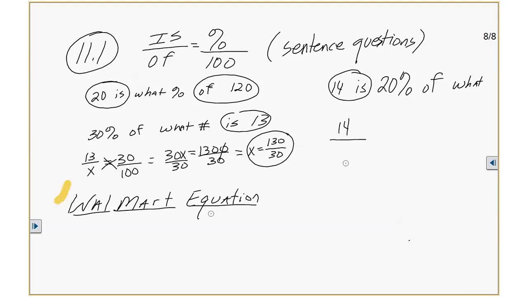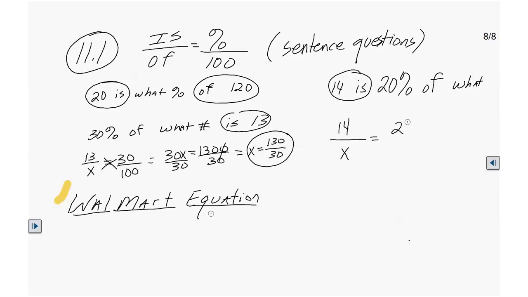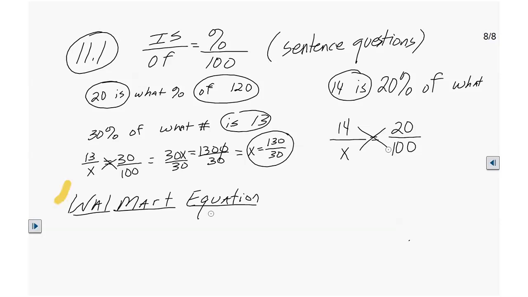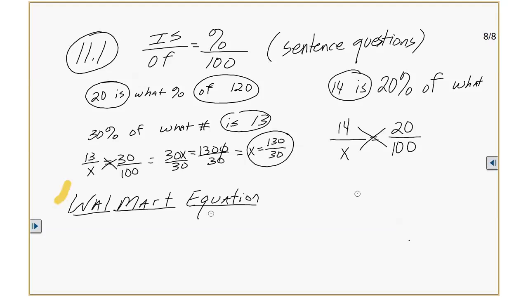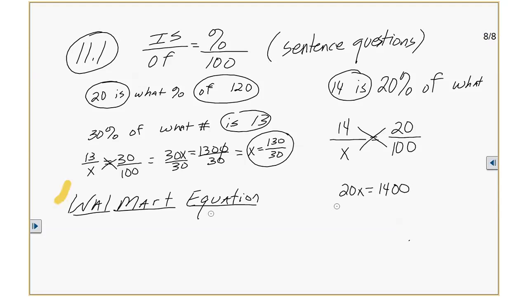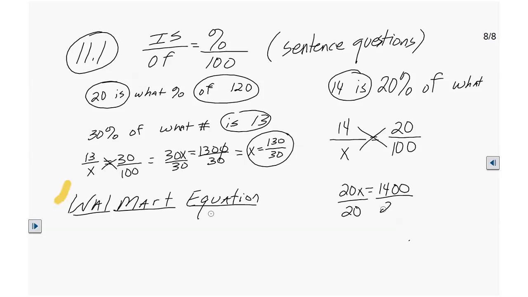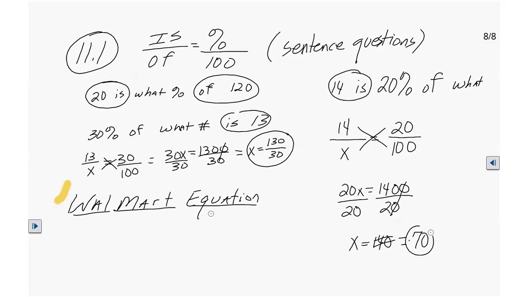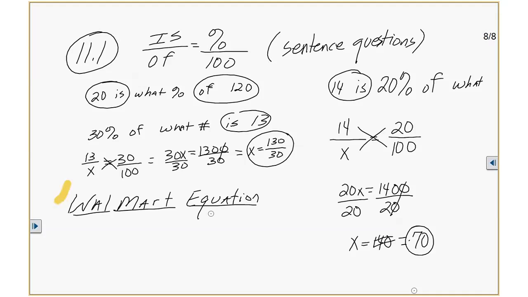Of is what? X, and then 20 is over 100. Oh, we did one like this. Okay, it's just turned around. And that's going to be 20x is equal to 1,400. Divide by 20, divide by 20, and x is equal to 140. Or 70, I'm sorry. 70. Okay, so 14 is 20% of 70.